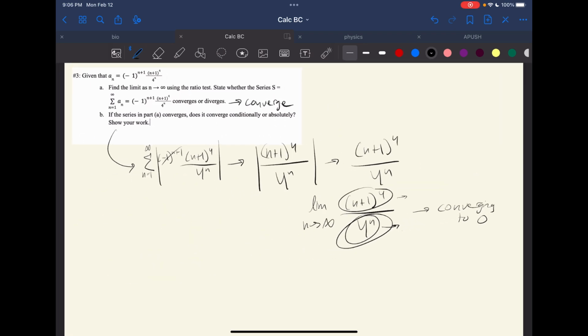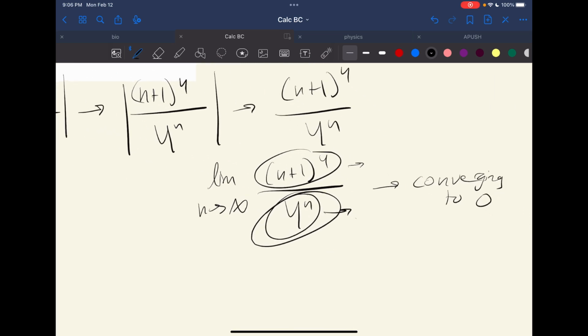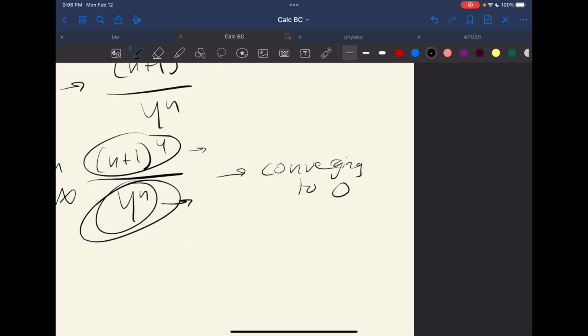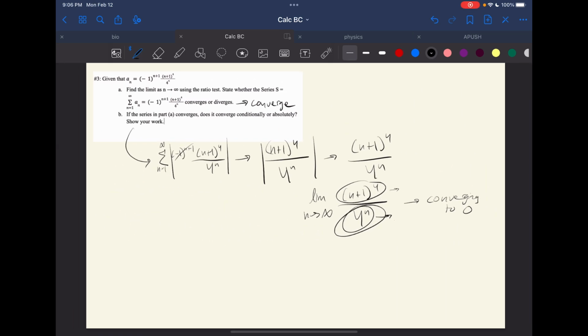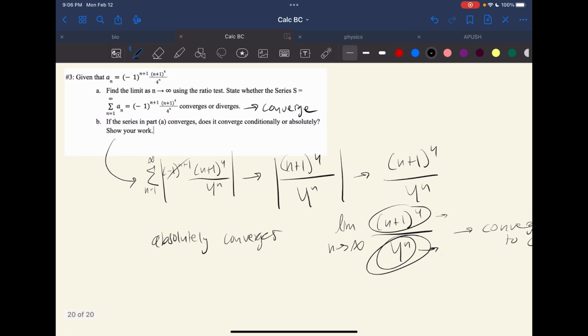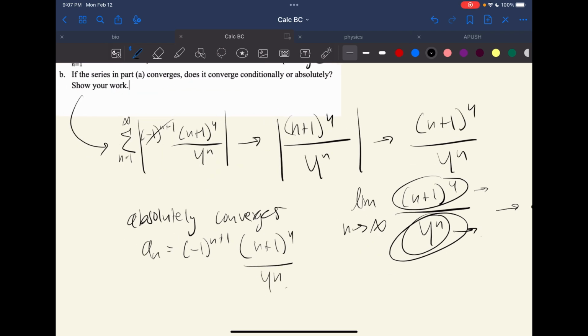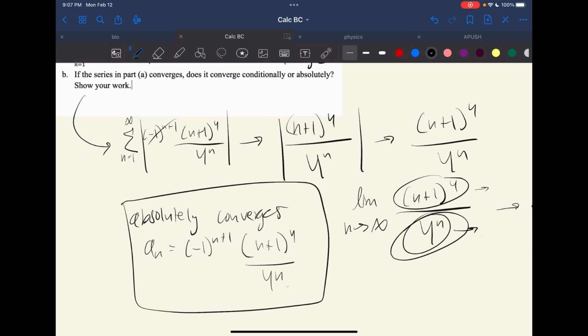So if the absolute value of the series converges, then that means that it absolutely converges. So no matter what, this series is going to converge. And yeah.